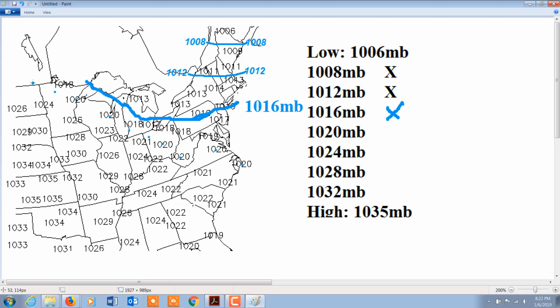And then 1018 to 1026, yeah, we'll definitely see a 1020 somewhere there. So there we go. And then, again, just connect the dots.